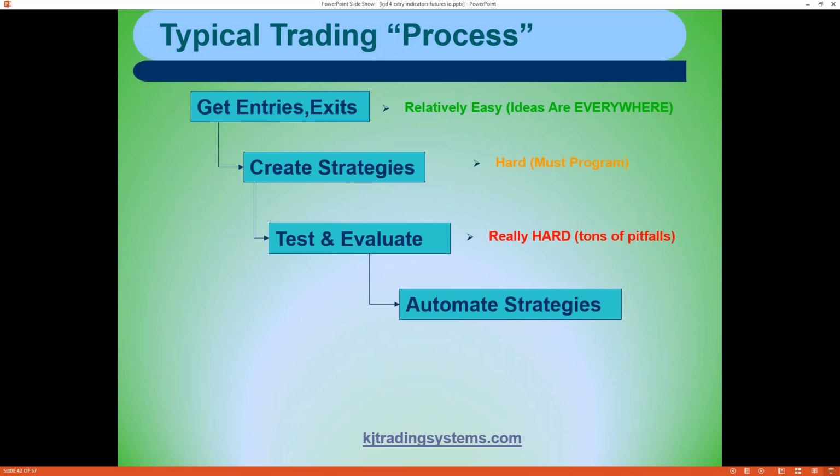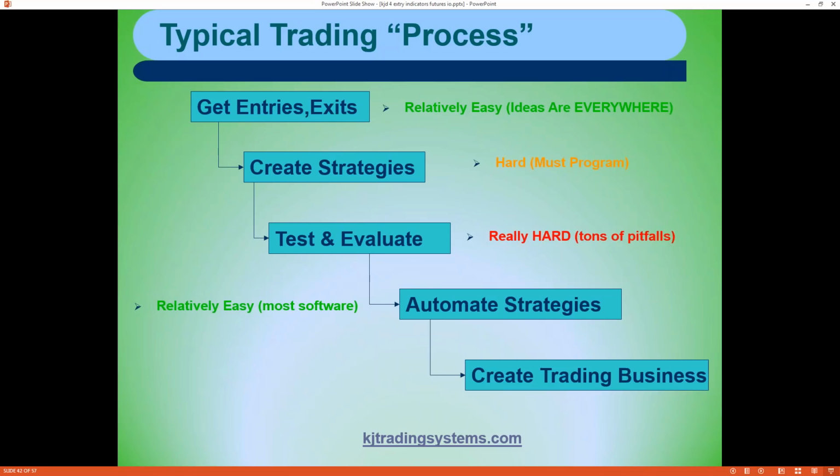And once you evaluate it, you're ready to go, you automate it. That's relatively easy nowadays with most software. 10 years ago it wasn't, but now it is. It's just a few clicks. I use TradeStation, and I think it's like 6 or 7 clicks I got to make one time, and then it's automated and it will run. Pretty cool.